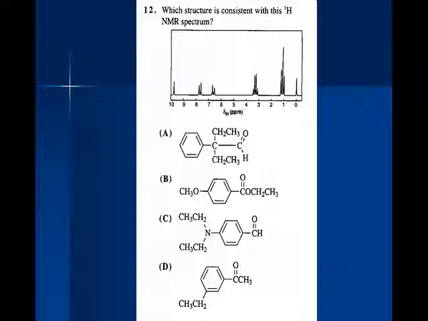There's 2 things that I'm looking at there that really help me out. We've drawn the line at 5. We've looked at all that stuff. We've counted the number of signals. But there are 2 pieces of information on that spectrum that I'm really honing in on. Number 1, I've got a singlet at about 10. When we talked about our chemical shifts, things that appear out about 10 are going to be things like carboxylic acids or aldehydes.